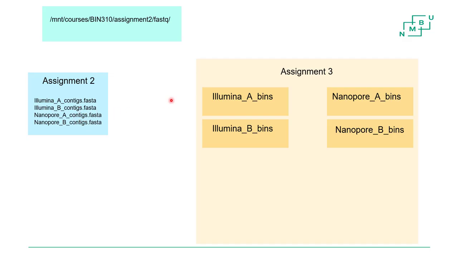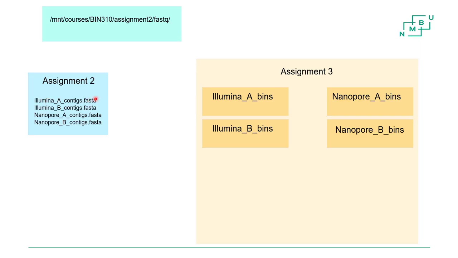The very first thing you're going to do in assignment 3 is to simply just read the contigs from this file, keep only those who have length 1000 bases or more, and store in this folder here. Then you do exactly the same here, and this is something you do in R, right? R code.